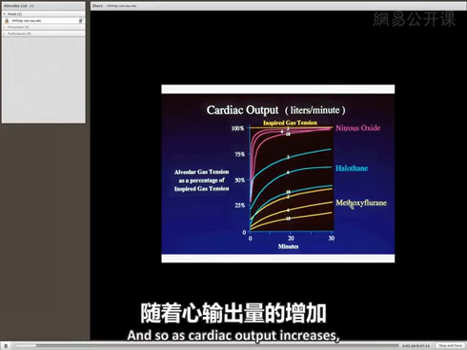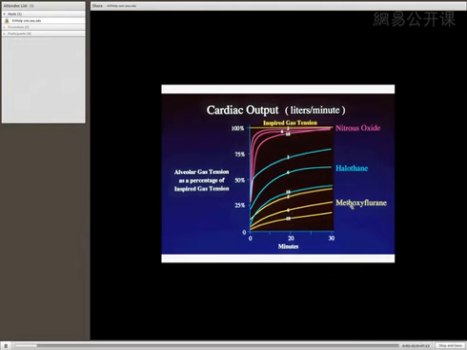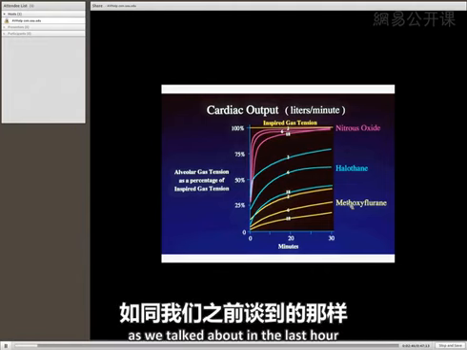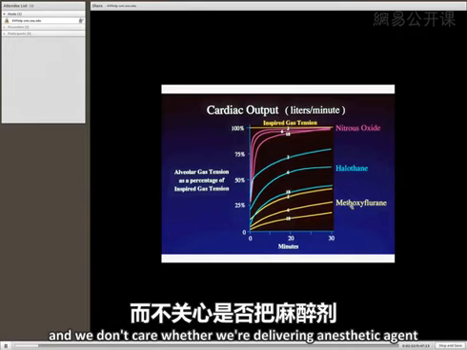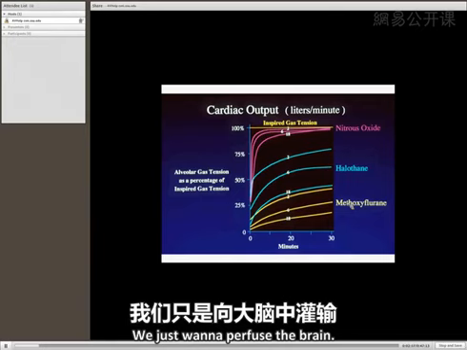And so as cardiac output increases, the rate of rise of the inhalant slows. The primary reason for that is in a high cardiac output state, as we talked about at the end of last hour, we're perfusing a whole bunch of tissues, and we don't care whether we're delivering anesthetic agent to those tissues or not. We just want to perfuse the brain.